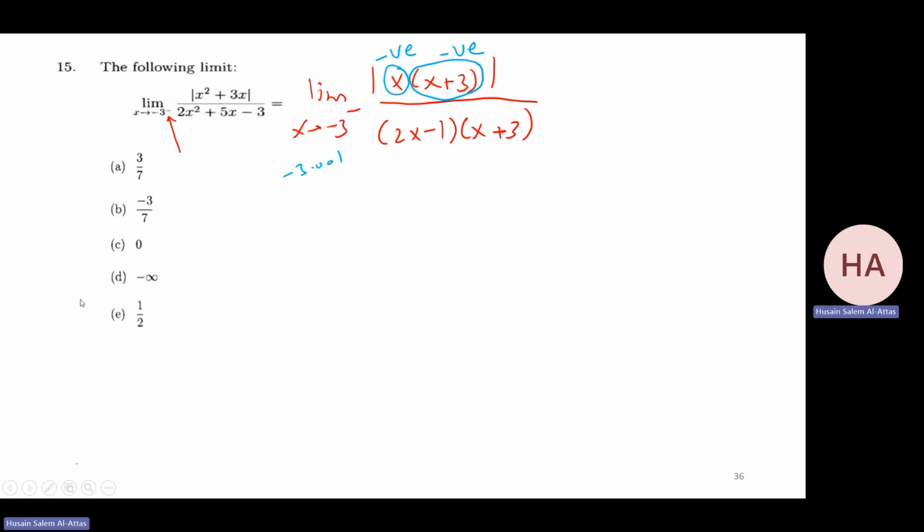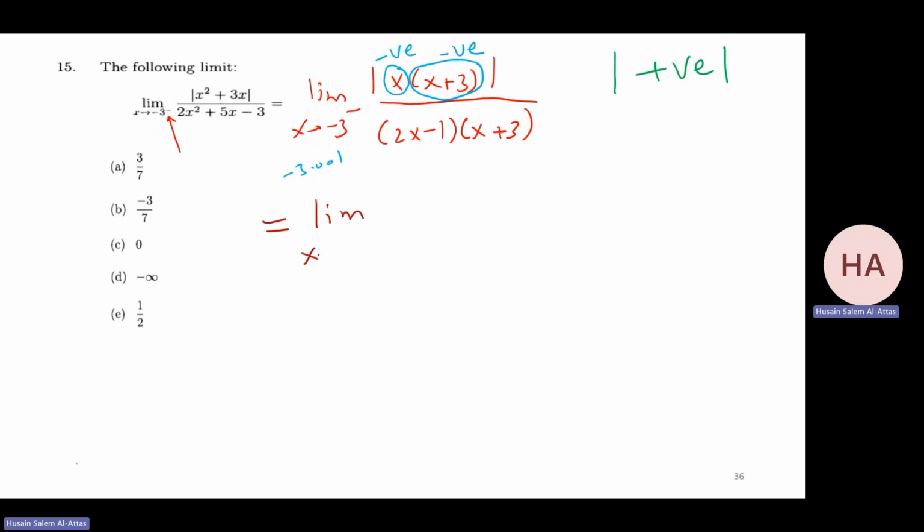But the whole thing, what's inside the absolute value, should be positive. As a whole, negative times negative is positive. It means when I get rid of the absolute value, return to the red, it will be what?